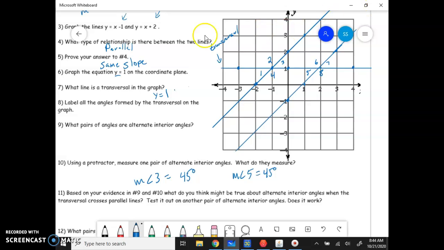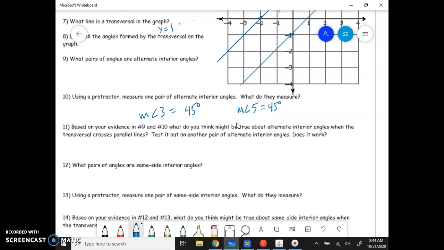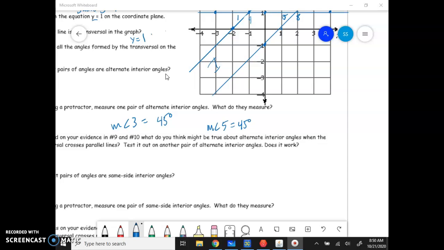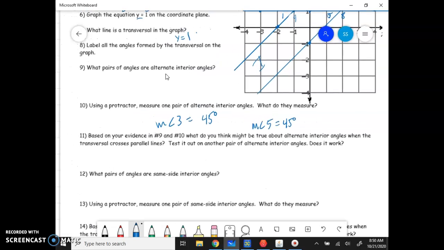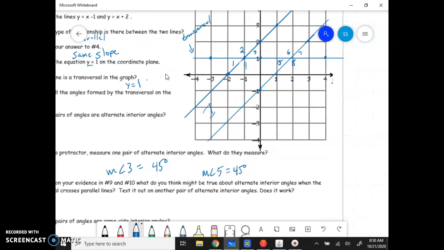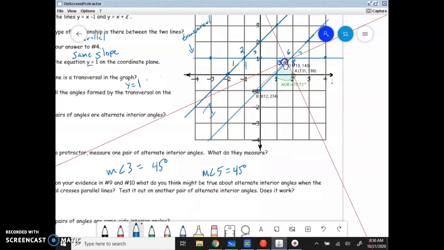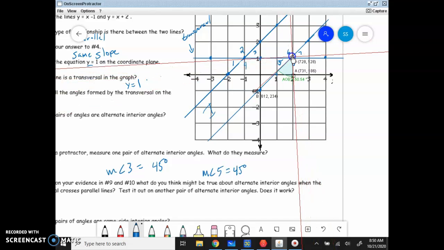Now number 11 says, based on your evidence of numbers 9 and 10, what do you think might be true about alternate interior angles when the transversal crosses parallel lines? It says test it out with another pair of alternate interior angles. If 3 and 5 is one set, how about 4 and 6? Let's test that out. I'll do this one for you.